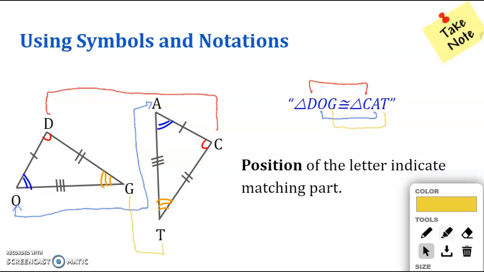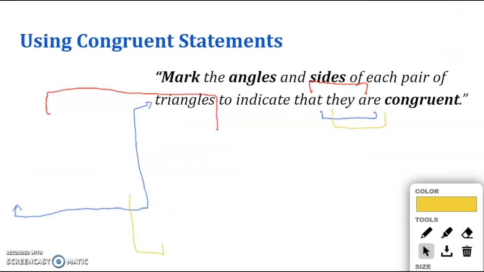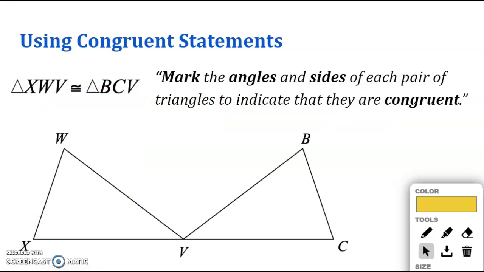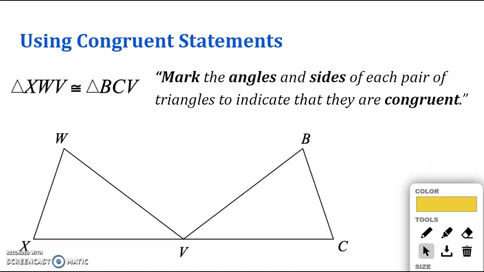Okay, so let's look at another example. This time we have triangle XWV is congruent to triangle BCV. This is what we are given. Now we need to mark the angles and sides of each pair of triangles to indicate that they are congruent. Okay, so let's start with X. X and B are the first letters on each of the triangles.